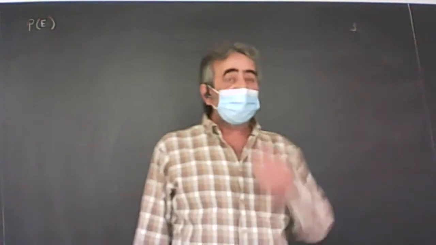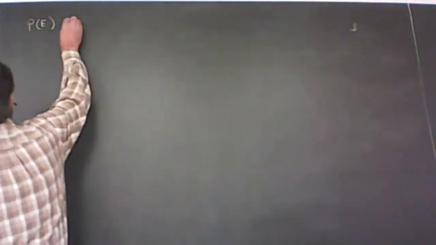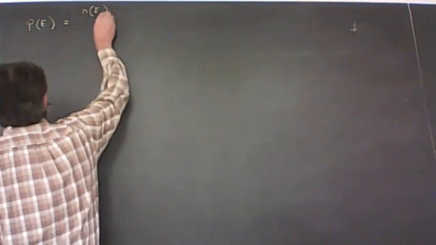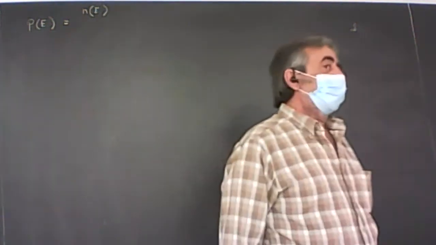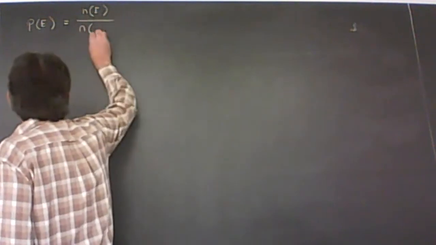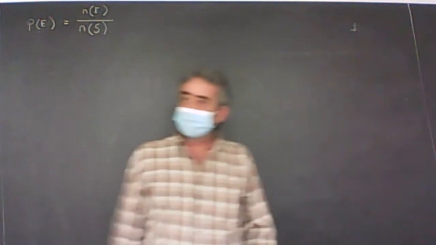Okay? So how do I determine the probability of an event? The probability of an event is the number of elements in the event itself, how many possible outcomes I have in that event, divided by the number of elements in the sample space.